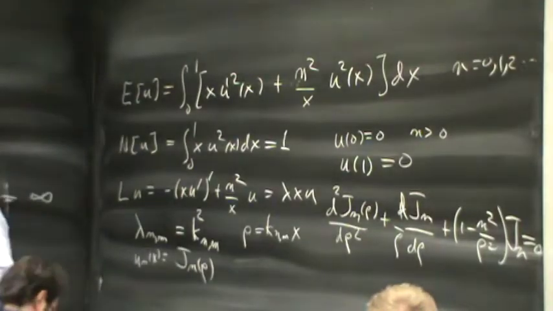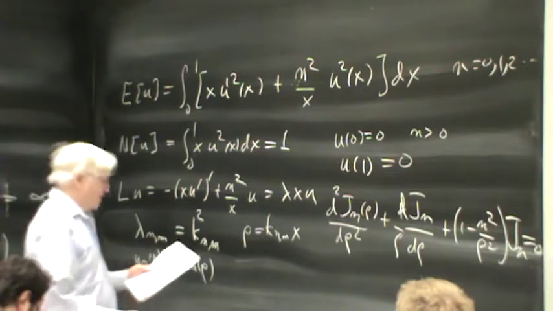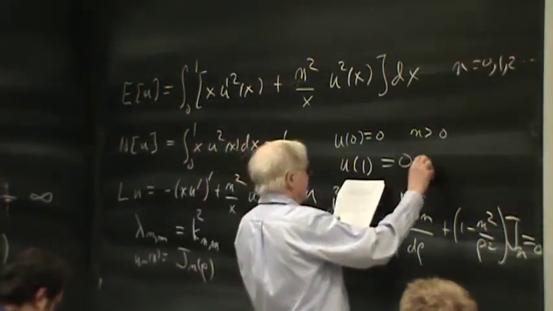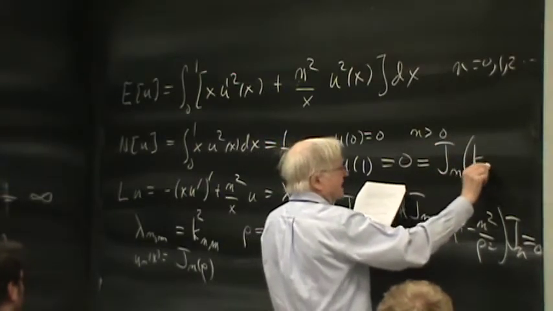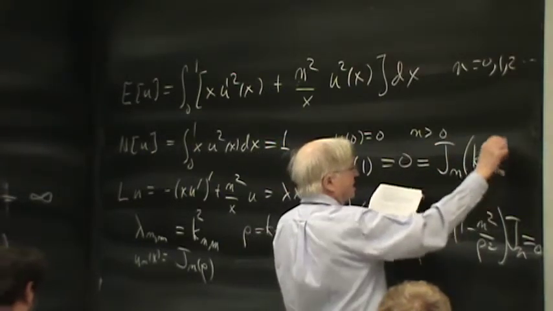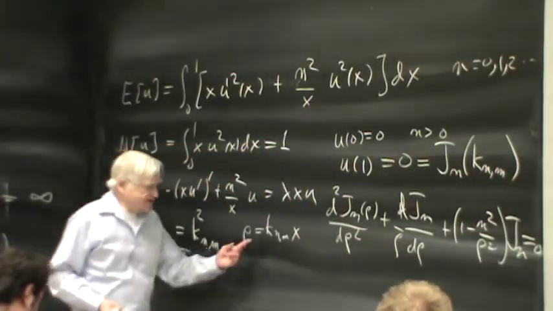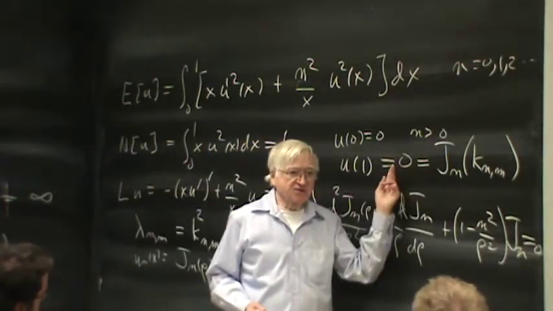So that's Bessel's equation. And the eigenvalues then are determined by this condition, which is that J_n of k_nm should vanish. That is to say, remember, rho is k_nm times x. At x equal to 1, this should vanish.